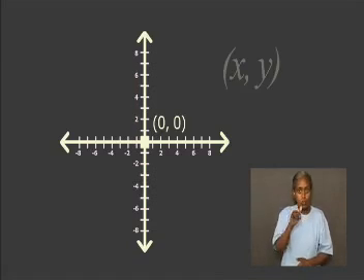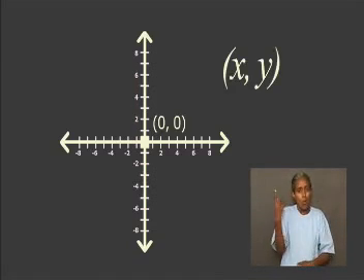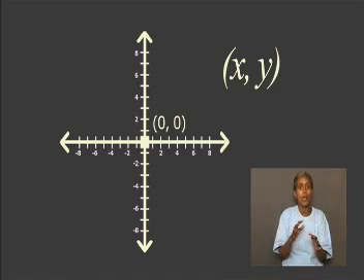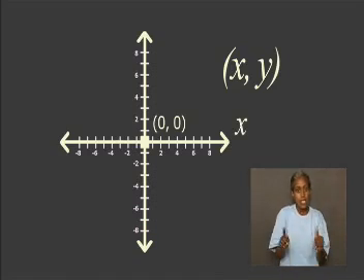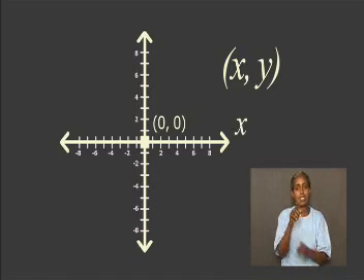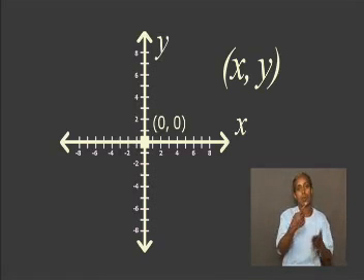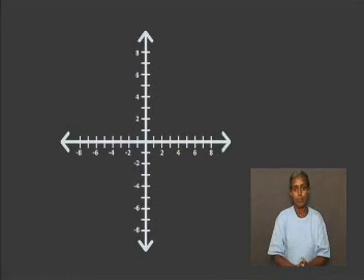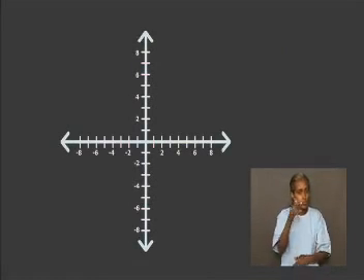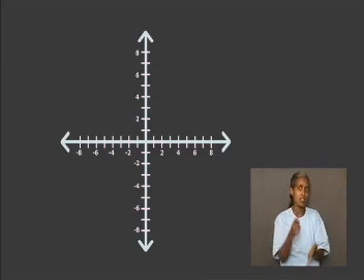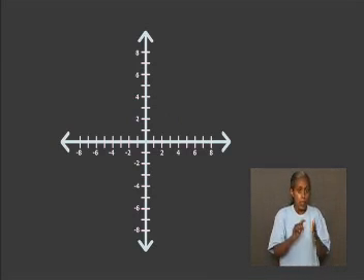XY coordinates are always determined by a pair of ordered numbers. The first number is the x value, and the second number is the y value. Therefore, your drawing should look like this one. Begin at the origin.